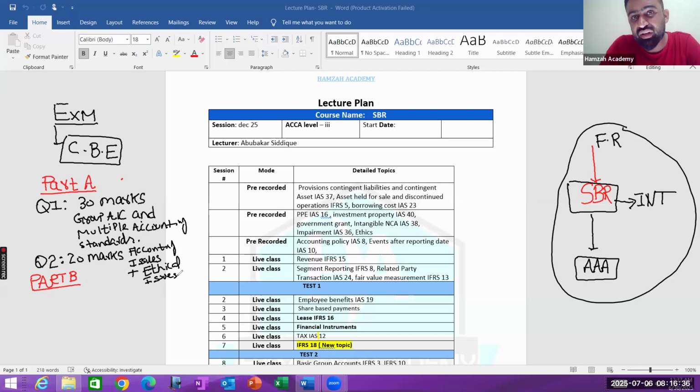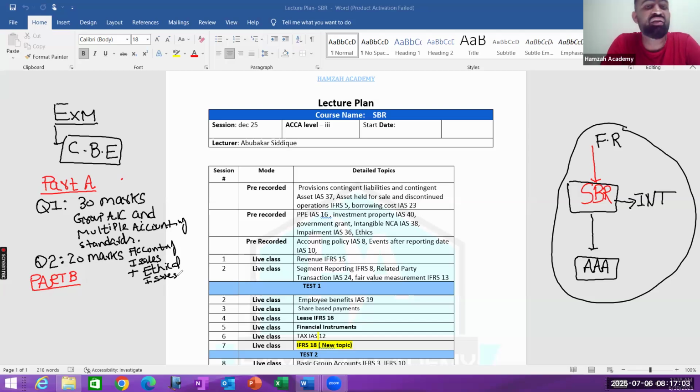There will be an accounting case study which may have some wrong treatments, wrong classifications, wrong measurements, and you have to discuss the issues and the right things to do in the financial statements. So that is the sort of paper we are going to study.